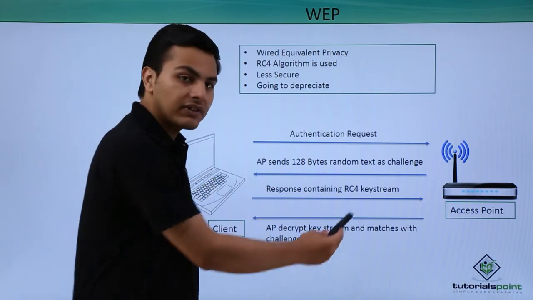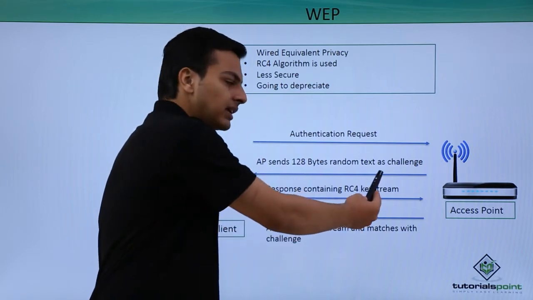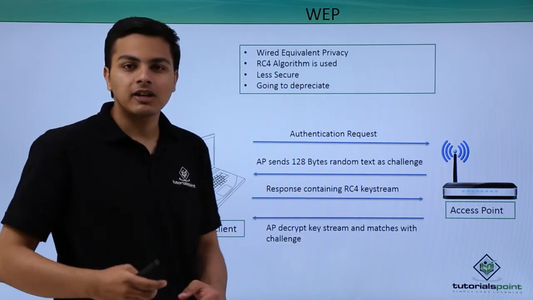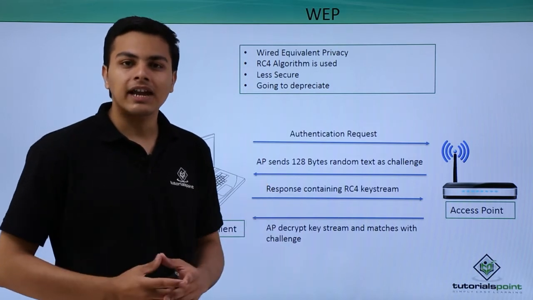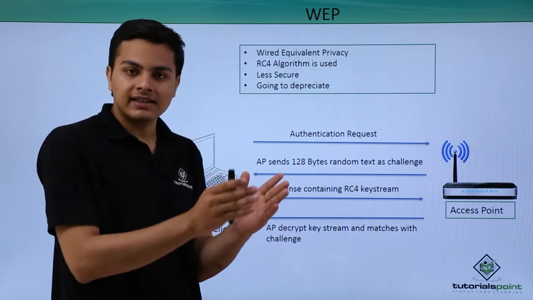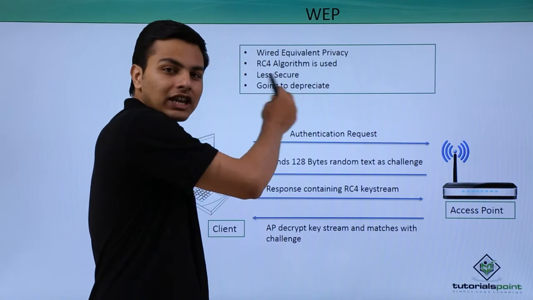You can see here that our access point is sending a 128 byte random text as a challenge to the client. Once the client receives that 128 byte long text, the client will encrypt that challenge with the passphrase by using the RC4 algorithm.